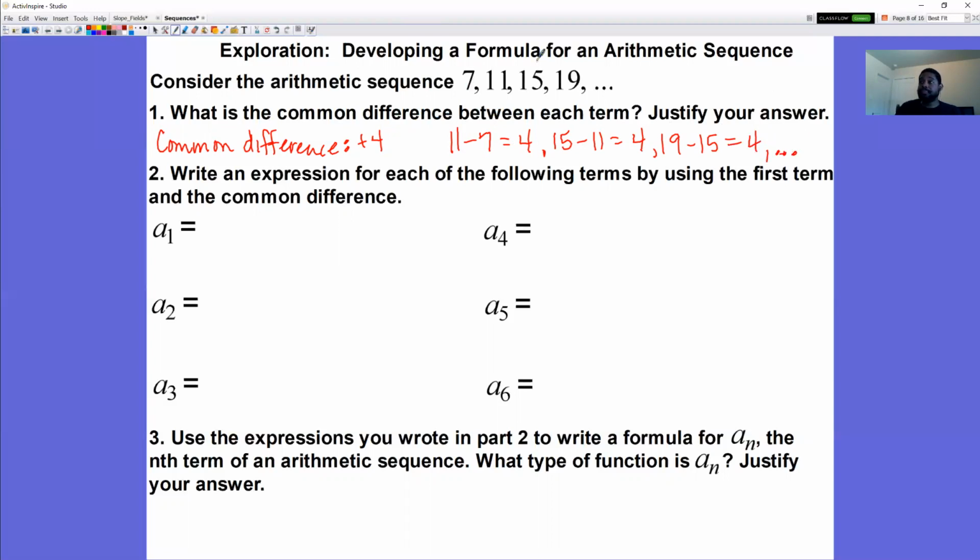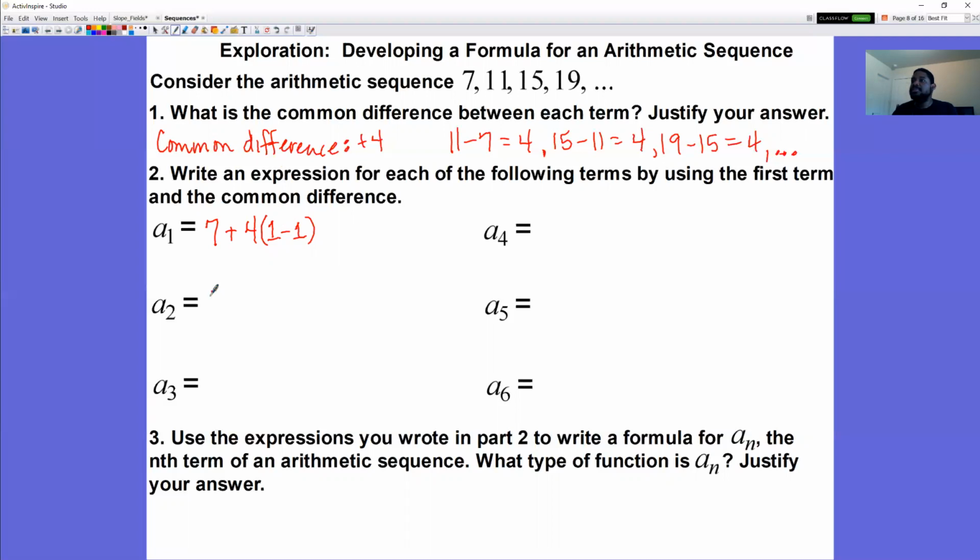The second part says, write an expression for each of the following terms by using the first term and the common difference. So here, I'm going to use the first term, which is 7, plus 4 times 0, and the only way I can get 4 times 0 is 1 minus 1. And you'll understand why I use the 1 in a moment.